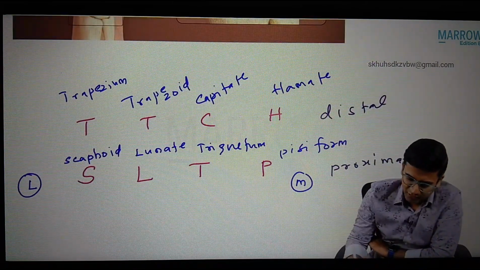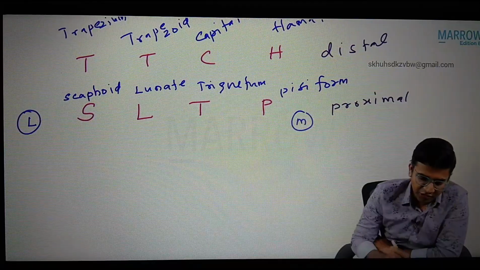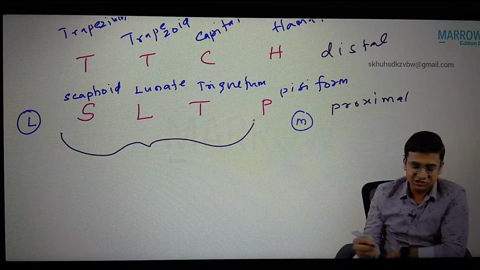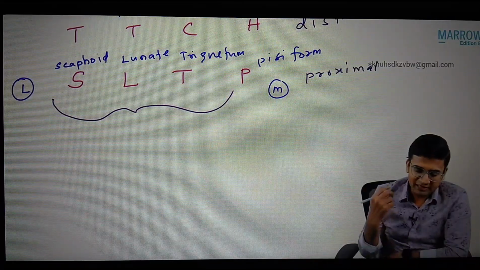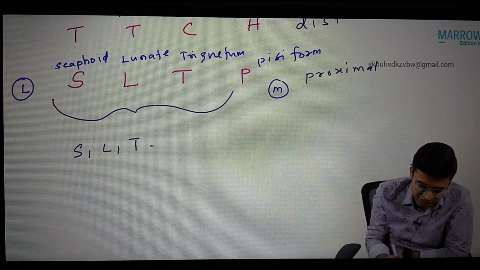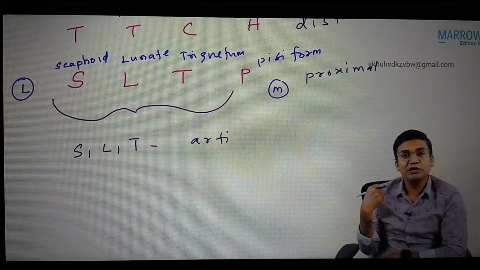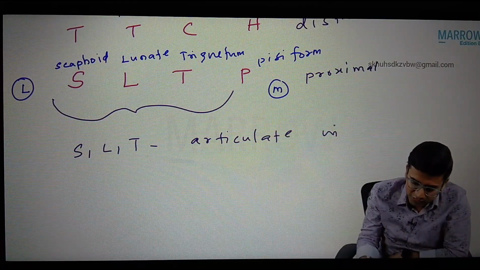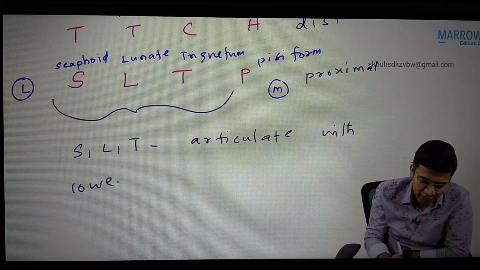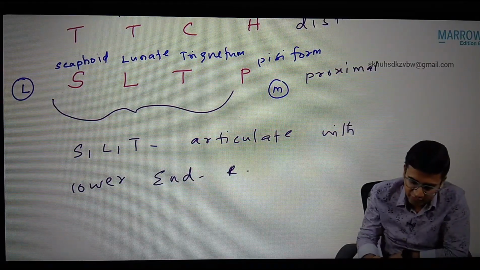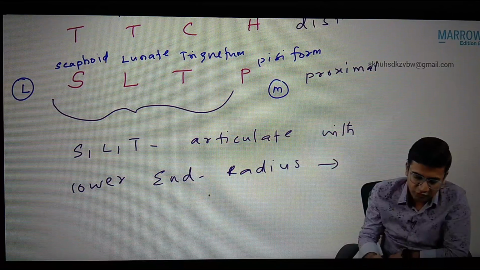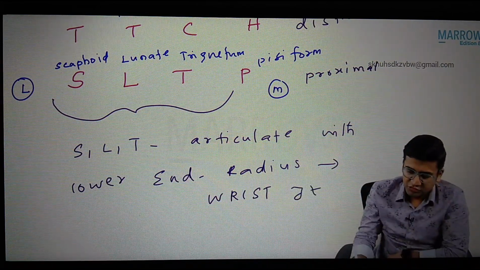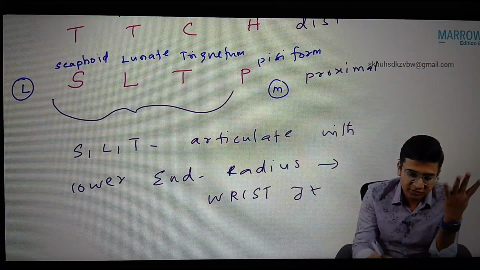So scaphoid, lunate, and triquetrum articulate with the lower end of radius to form the wrist joint. So these 3 bones articulate with the lower end of radius to form the wrist joint. So the wrist joint is formed by 4 bones.